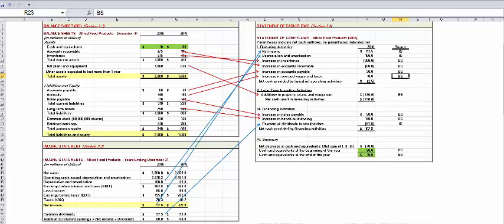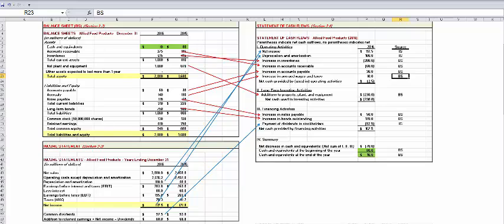Remember, we're dealing with cash, so depreciation is an addition to cash since it's a non-cash expense. An increase in inventory is a use of cash, so it's negative on the statement of cash flows. An increase in accounts payable or accruals are sources of cash. They're positive. Increase in net plant and equipment is a use of cash. It's negative. Paying dividends is a use.